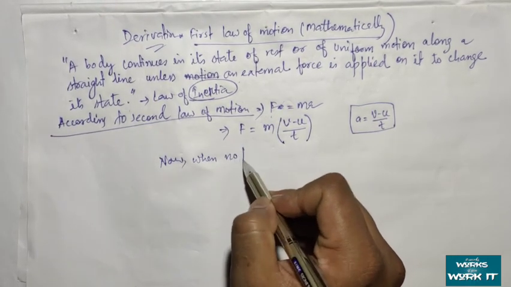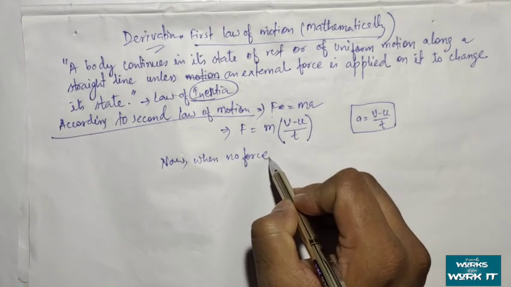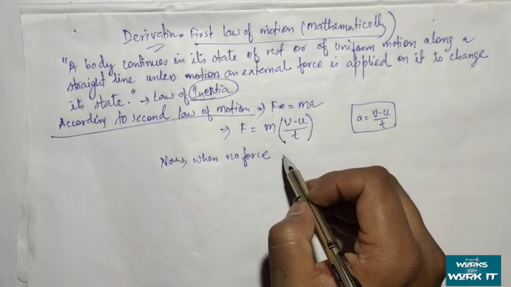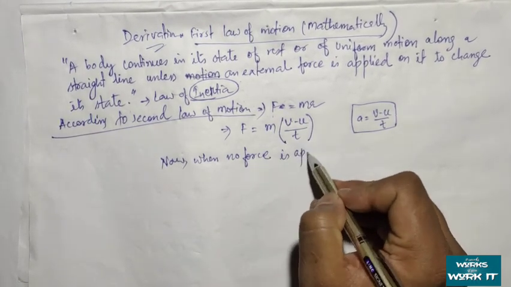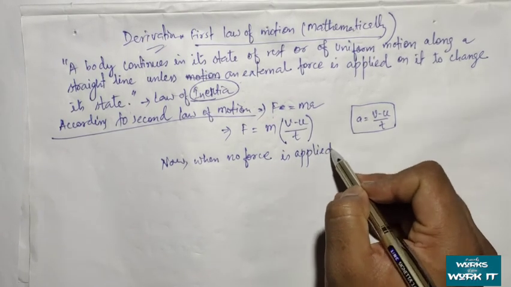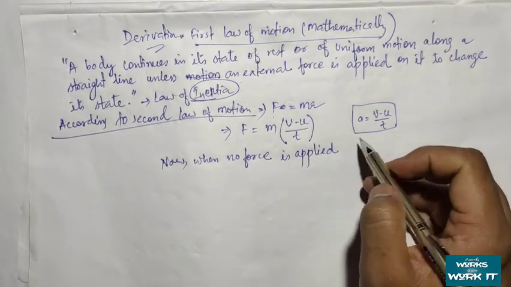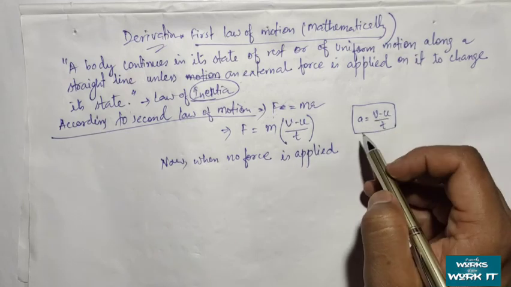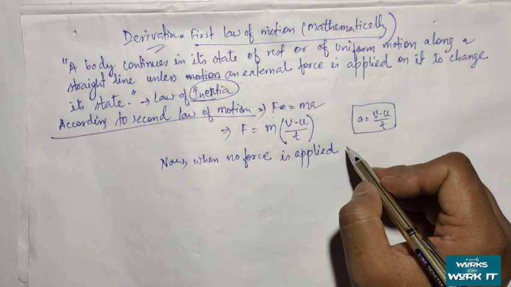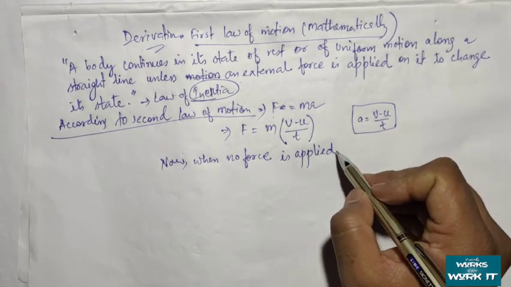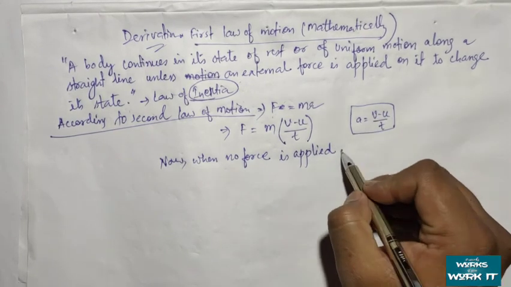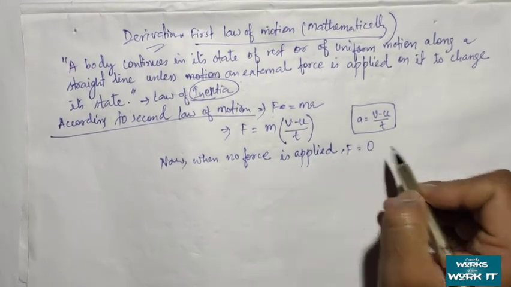Now when no force is applied, that means the body is in a position of rest, or it is still moving in uniform motion. When no force is applied, then our F will be equal to 0.